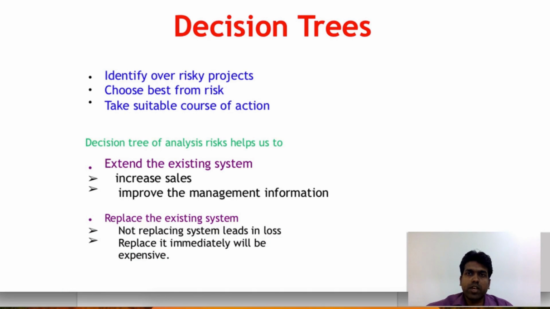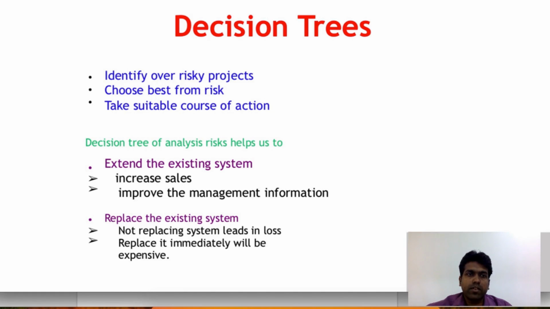Coming to the next part, that is the decision tree approach. In case of a decision tree, first of all we identify the risky projects. Whatever the risky projects are, we identify them, then we choose the best from these risky projects and take a suitable course of action.